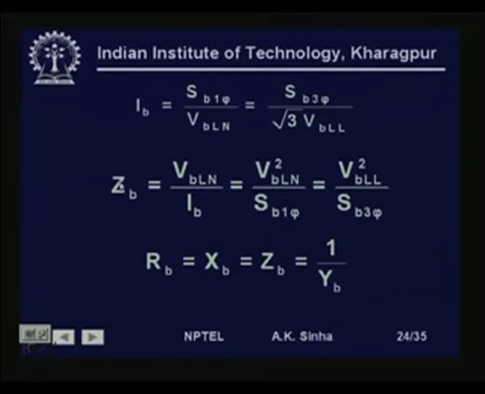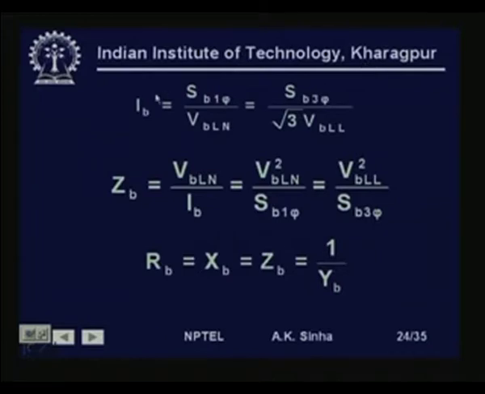So, if we have I base known, then we can write Z base is equal to V base line to neutral by I base, which is the same as V base line to neutral squared divided by S base single phase. If we are using a 3-phase system, then this multiplied by 3 and this multiplied by 3 will give me V base line to line squared, because V base line to line is root 3 times V base line to neutral, divided by S base 3 phase.